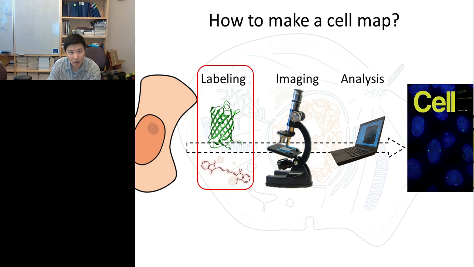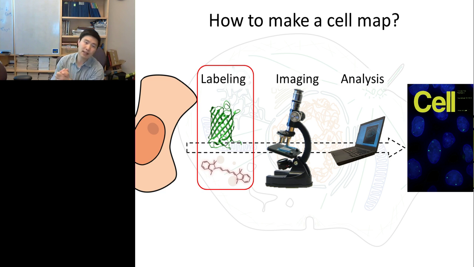Then we put our cell under a microscope, and the microscope can capture the signal and produce an image. Then we send the image to our computer. The computer will analyze the image and tell us the answer. That completes the full path from cell to the cell.